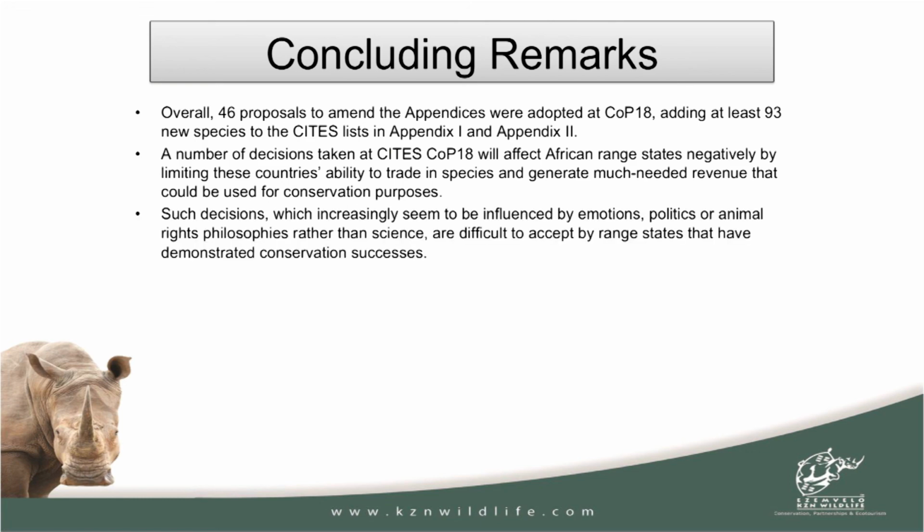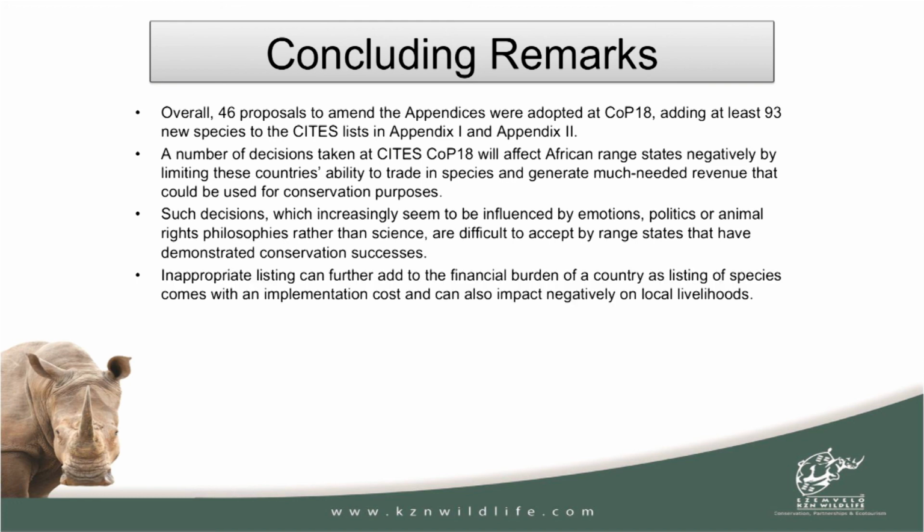And such decisions, which increasingly seem to be influenced by emotions, politics, animal rights philosophies, rather than science, are bitter pills to swallow for those countries that actually had some conservation successes.